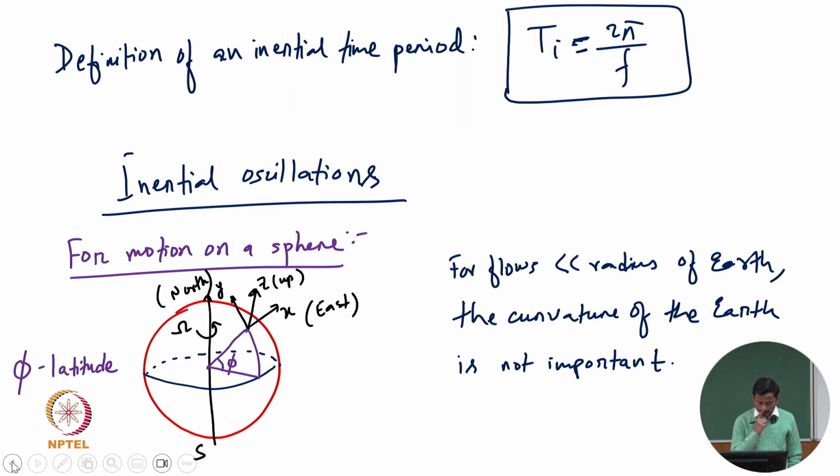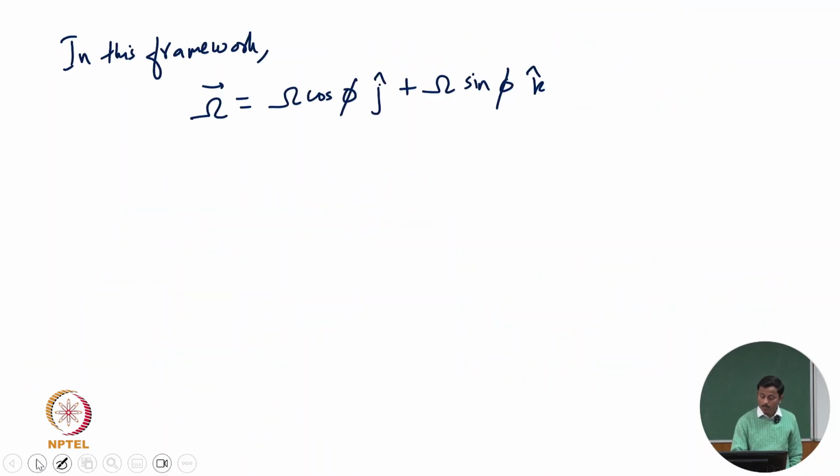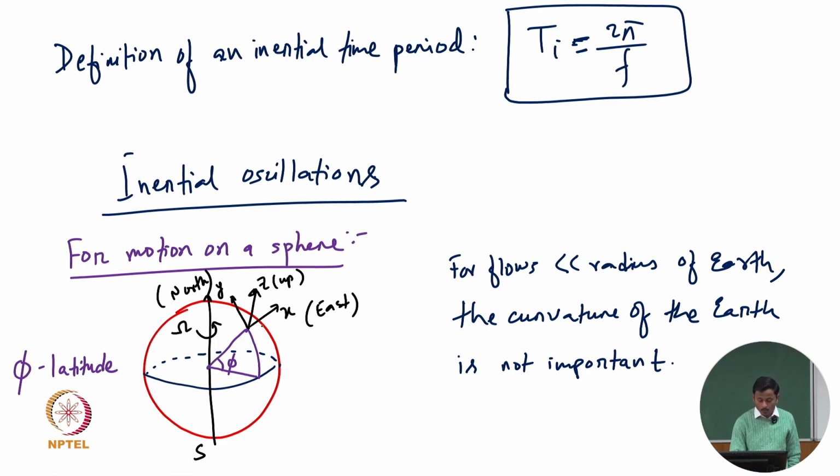So j cap and k cap are along the y and the z directions. This is the y direction, this is the z direction. So there is no component along the east direction. So x is the east direction.